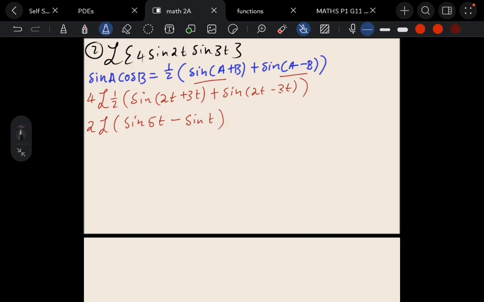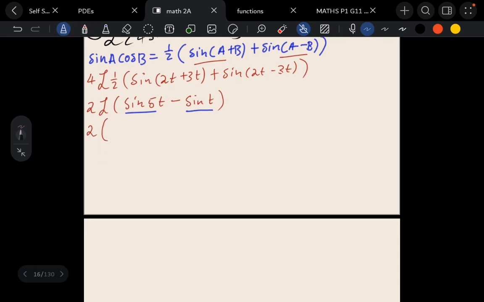And then now you need to find the Laplace transform of that. So whenever you have functions which are multiplying each other like that, make sure that you separate using these rules. So the second one, I'm going to have 2 in bracket. What is the Laplace transform of sine 5t?